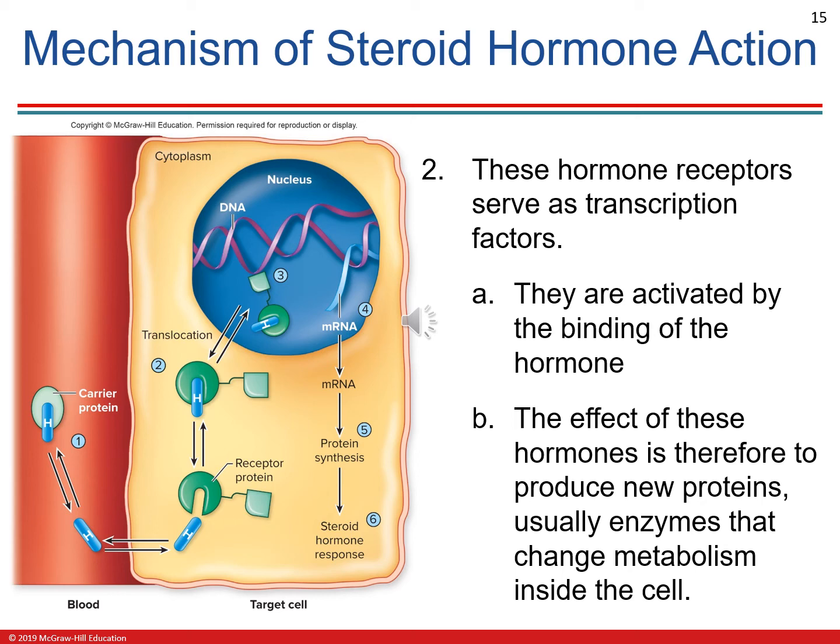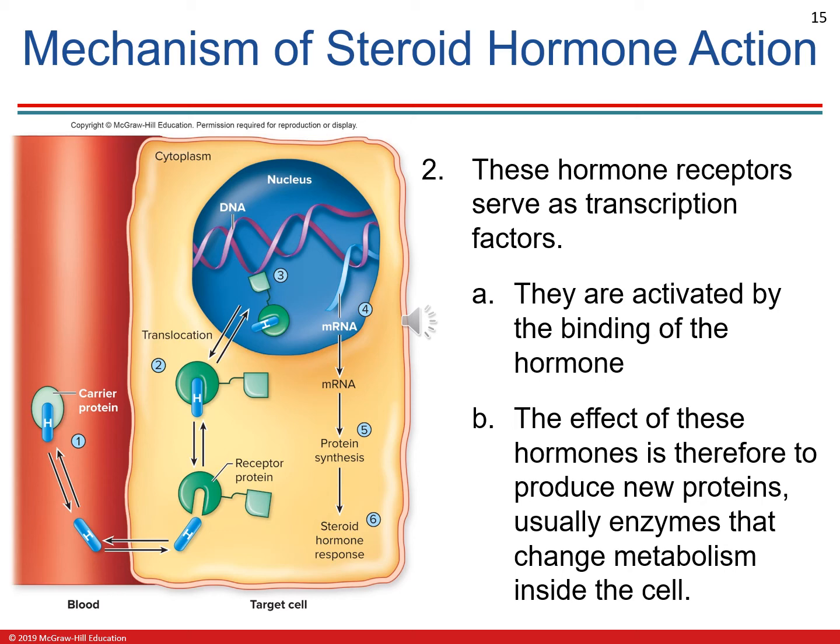Swimming in the bloodstream, it continues until it finds the target cell. When it's in front of the target cell, that hormone detaches from the carrier protein, crosses the cell membrane by diffusion and gets into the target cell. In the cytoplasm, it binds with the receptor.